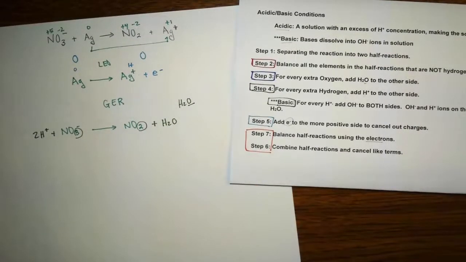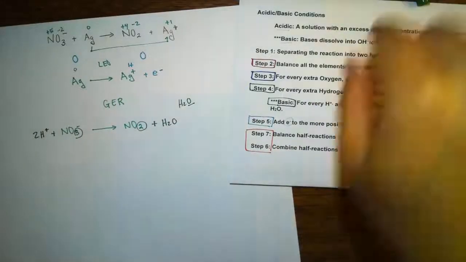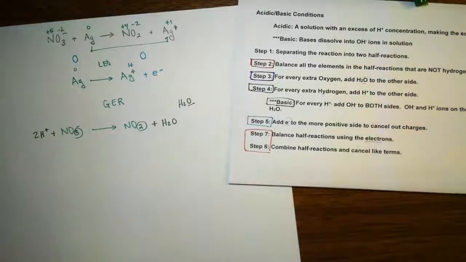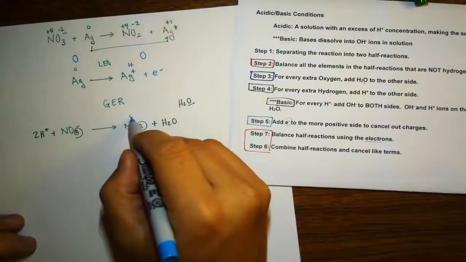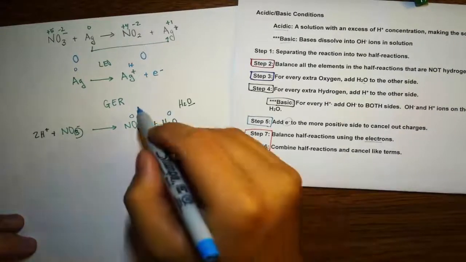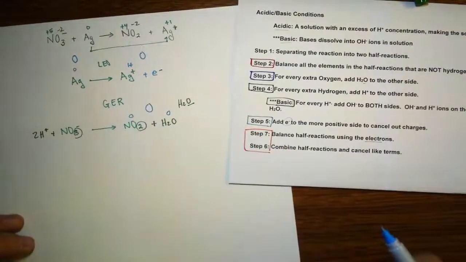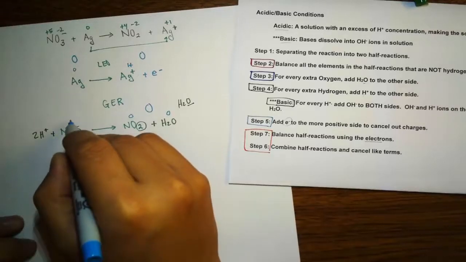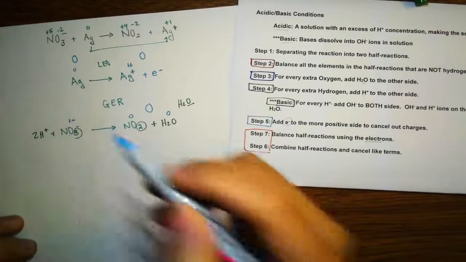Now let's go back to step 5, to our charges. So we have to balance out the charges. Okay, in this case, if we look at this one has a net charge of 0, and this one has a net charge of 0 as well. So the total is 0 on this side. But over here, there's no coefficient there, so we just know it as -1 or 1 minus.